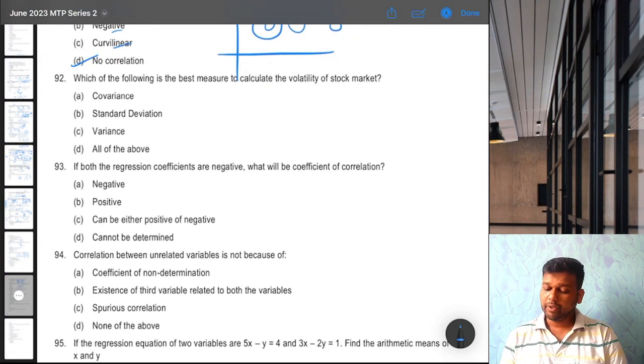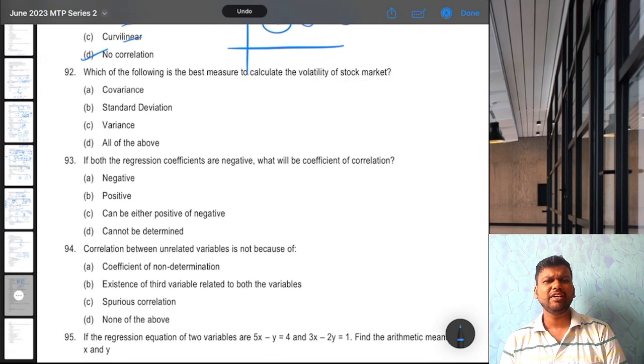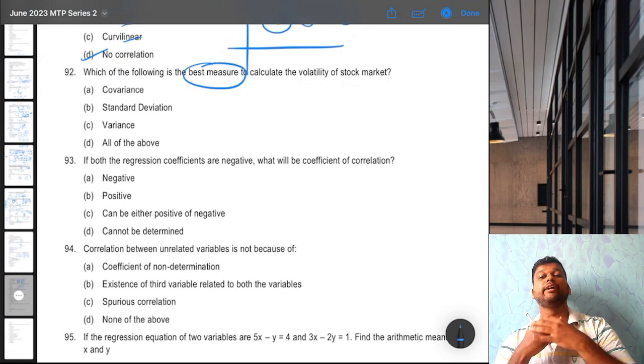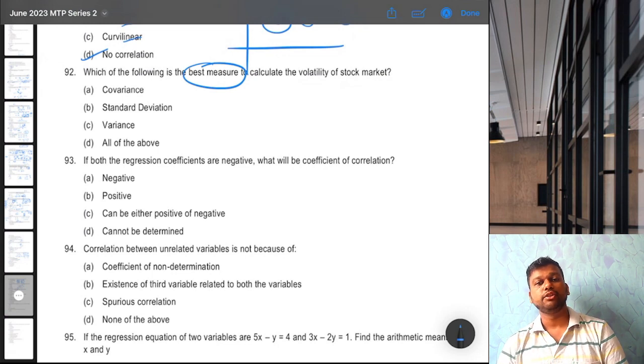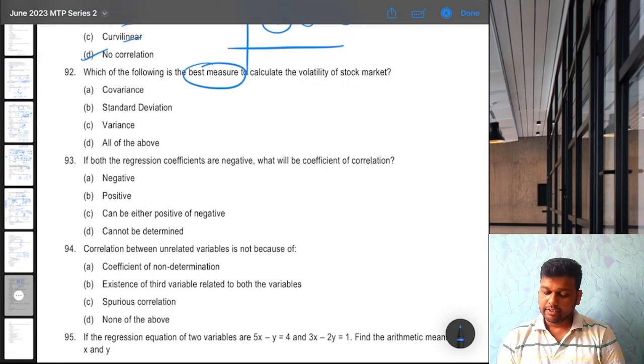Which of the following is the best measure to calculate volatility of stock market? Now understand, best measure is an oversimplification, because for calculating volatility of stock market there is no one best measure. But whenever it comes to volatility, out of all the measures of dispersion that we have learned, range, MD, SD and QD, standard deviation is the best measure of volatility.